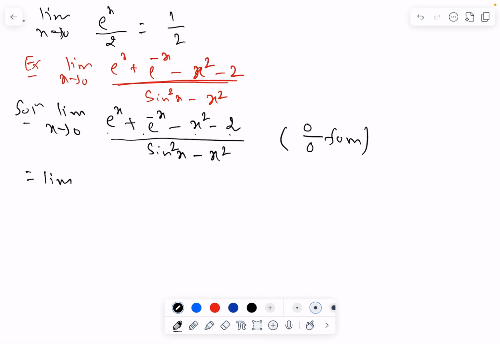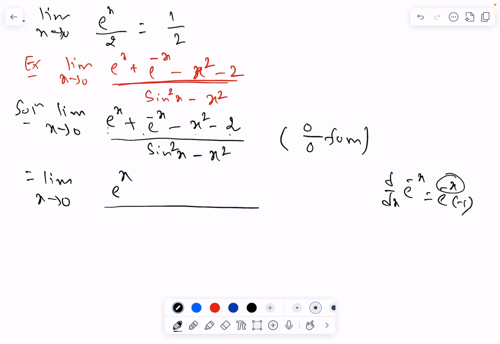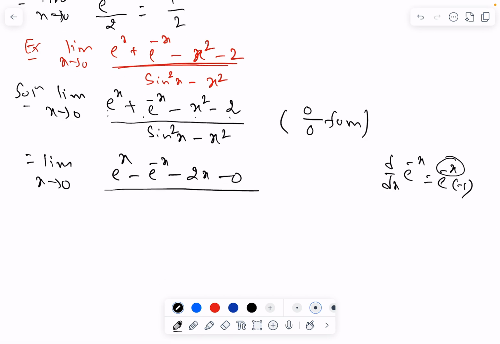So now we need to use the result. Derivative of e^x is e^x. Derivative of e^(-x) is e^(-x), and then for the derivative of minus x, we need to apply the chain rule, which is minus 1. So this is minus e^(-x). Derivative of x square is 2x. Derivative of 2 is 0. Now the derivative of sin^2 x.